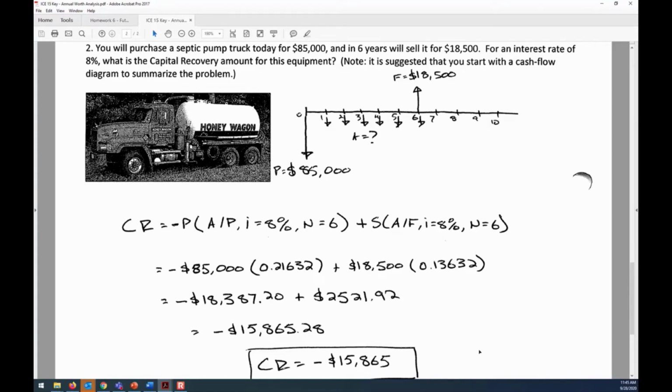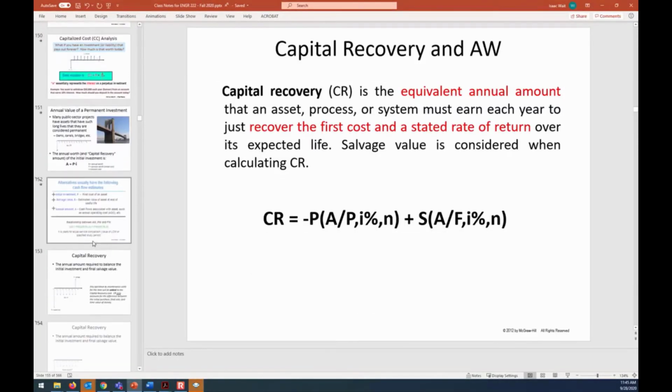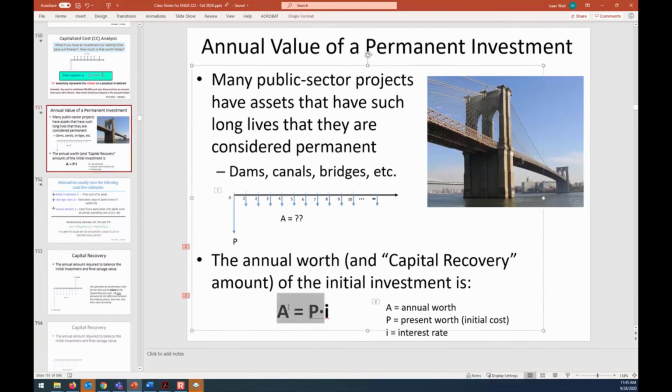Other questions? All right. Well, let me just emphasize again, this formula here, that's the annual equivalent of a perpetual investment. And so that's a little bit different from what we did in this example.